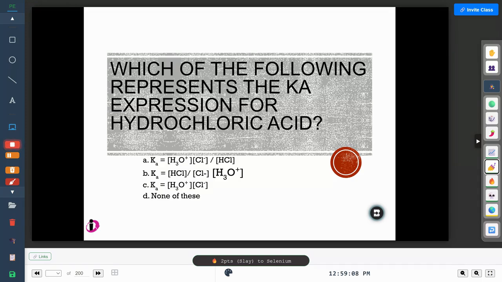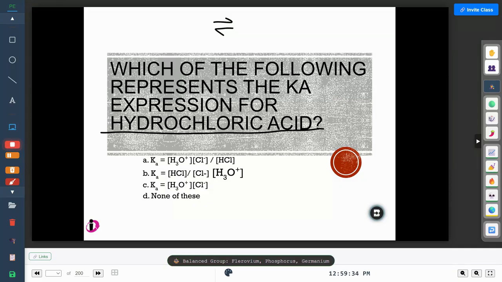Products divided by reactants. Well, you have to do your dissociation equation, right? So what is your dissociation equation going to say? You're starting with that. It would be like HCl and then goes to H3O plus Cl. So A would be. Yeah.